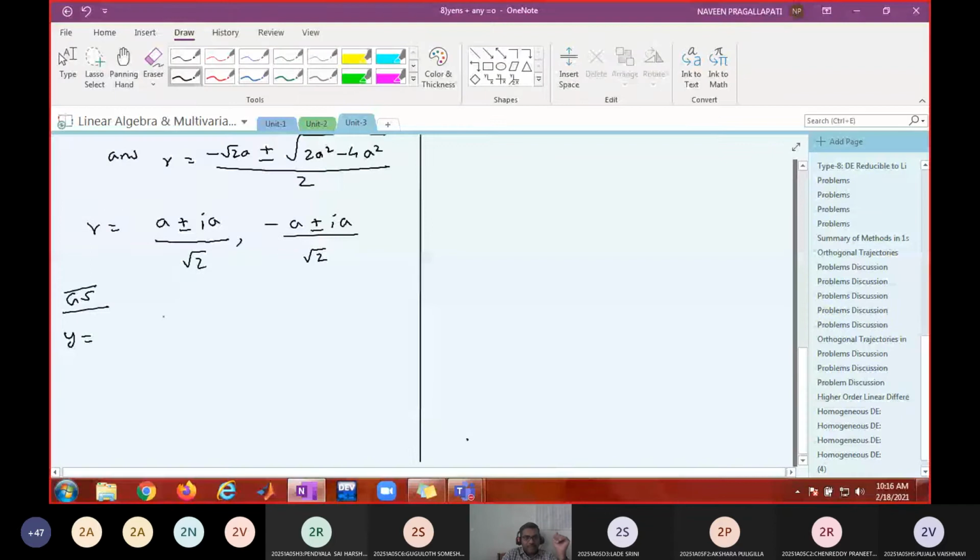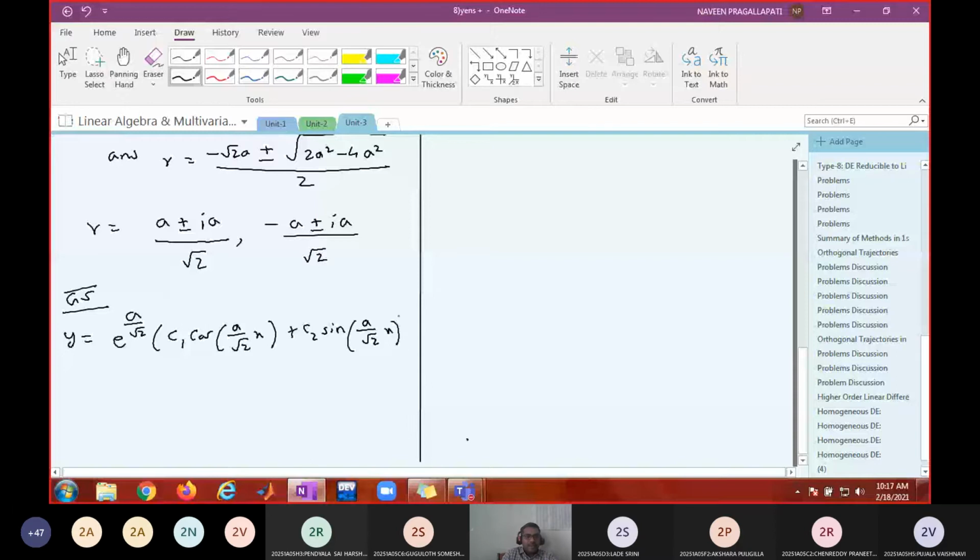So what is the expression for the first pair? What is the real part here? a by root 2. Imaginary part is again a by root 2. Here real part is minus a by root 2, and imaginary part a by root 2. So how do you write? e power a by root 2 x into c1 cos a by root 2 x plus c2 sin a by root 2 x.